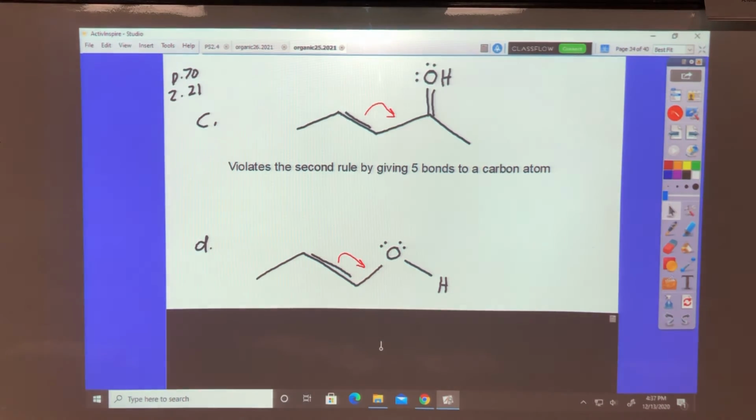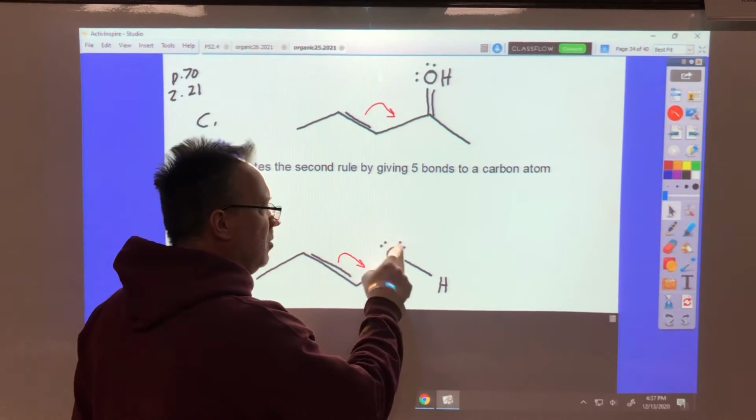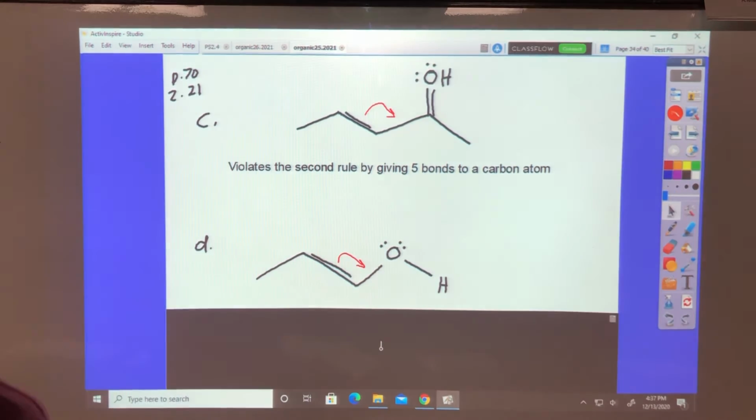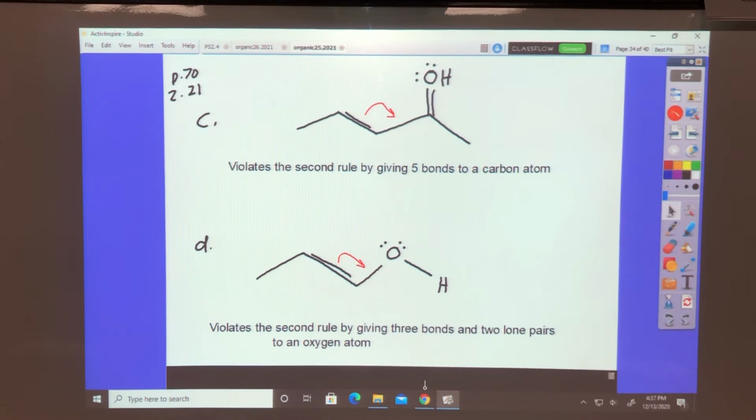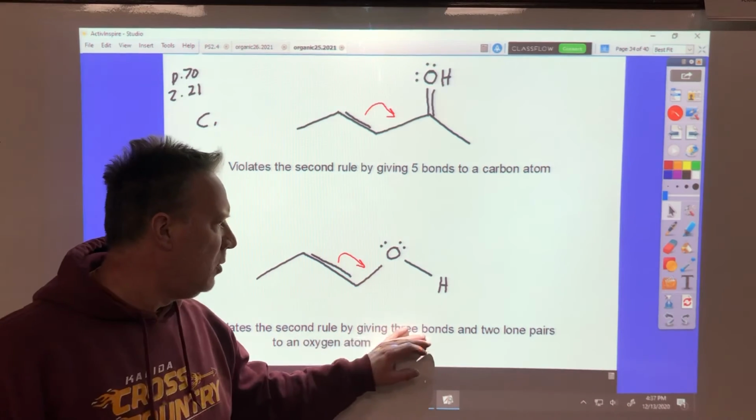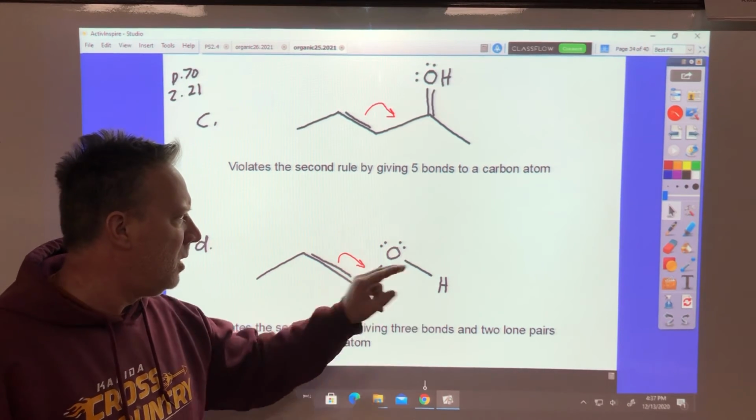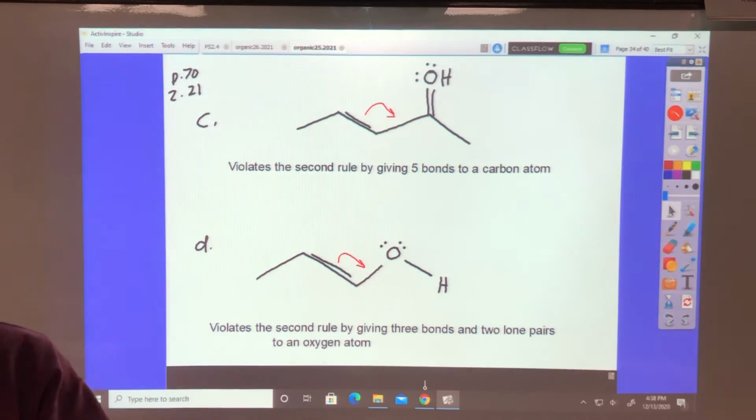You can't have 3 bonds and 2 lone pairs on oxygen. I'd put too many electrons around it. So this violates the second rule by giving 3 bonds and 2 lone pairs to an oxygen atom.